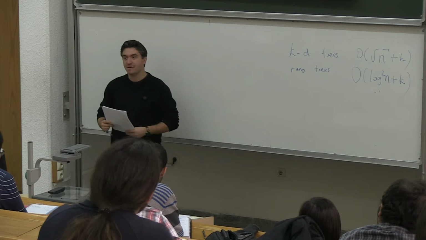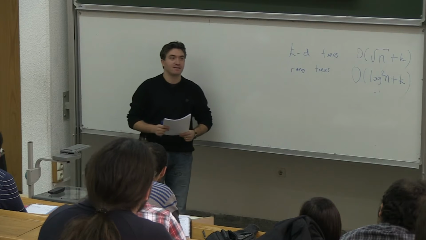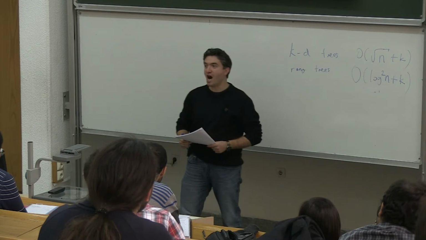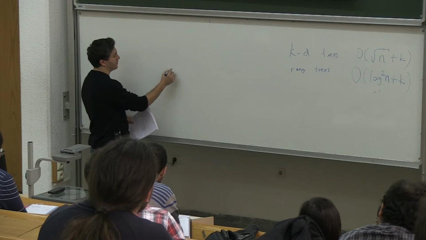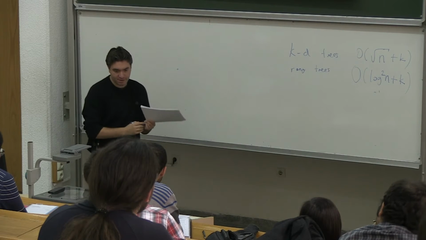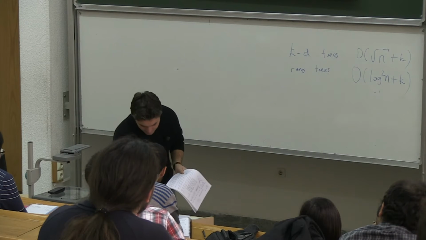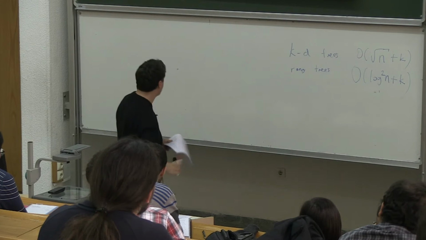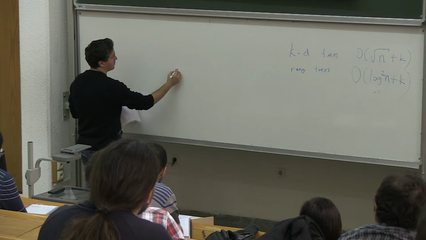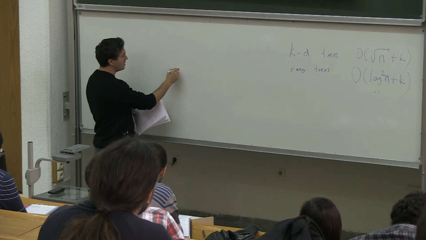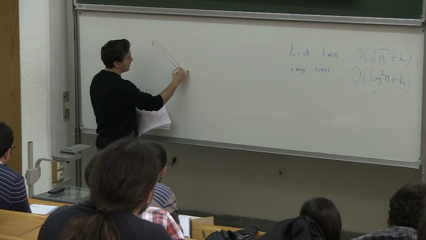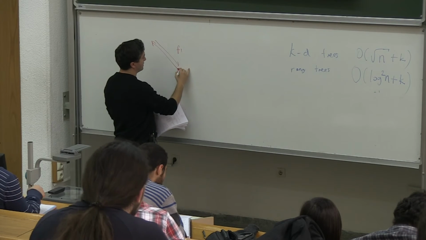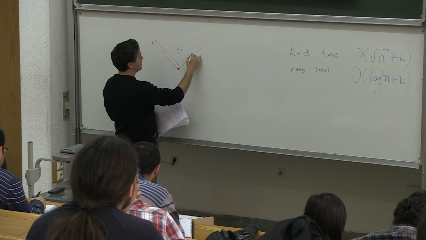For example, if the vertex is incident to the unbounded face. Let's review this again. So this is our vertex here, and it is incident to some edges. Here we assume that there are faces, Face 1, for example.